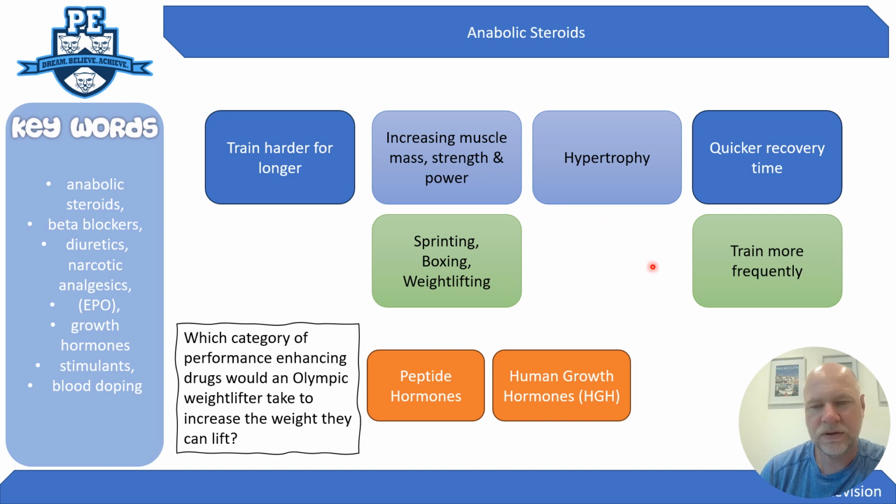But for any athlete who wants to train more frequently, the impact on their performance is, if a sprinter were to take it, it means they can train more frequently because their recovery time's quicker, and their body is able to cope with the amount of training, which is what anabolic steroids do, allowing the muscles to get bigger because they're training more. Now, peptide hormones and human growth hormones have a similar impact, i.e. they increase muscle mass, strength and power.